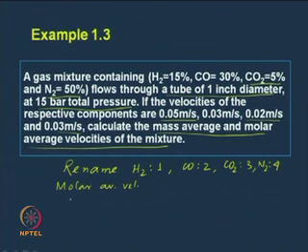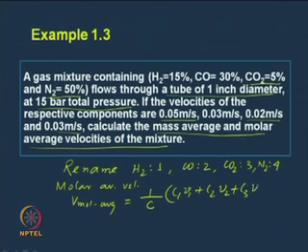That is V mole average. From the definition, it is 1 by C summation over, we can just expand the summation like C1 V1 plus C2 V2 plus C3 V3 plus C4 V4.